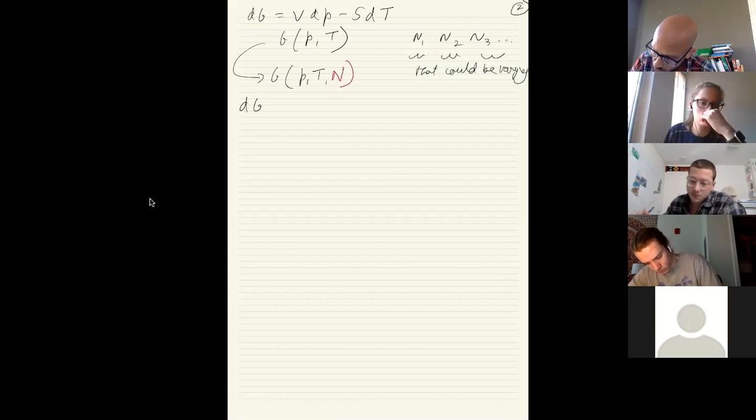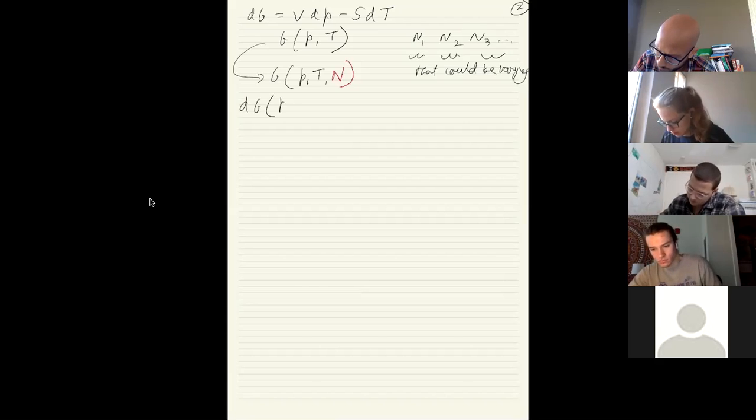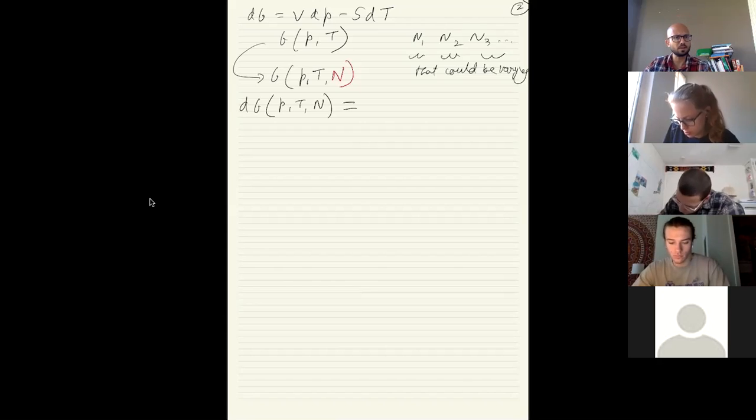So what does this mean? Let's take a step back and think about dG when G is a function of P, T, N. How would this be written in a general setting?